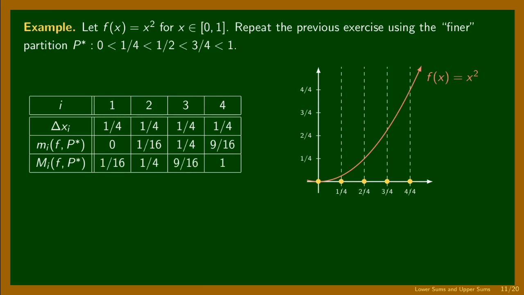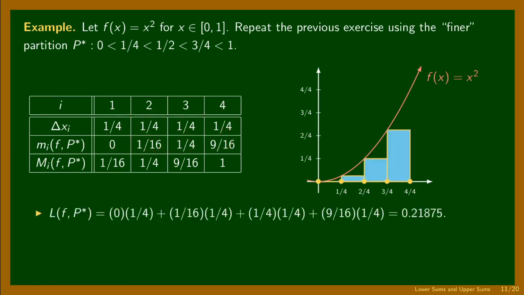Similarly, the big Mi are the values of f at the right endpoints, since the function is increasing and continuous. F of 1/4 is 1/16, f of 1/2 is 1/4, f of 3/4 is 9/16, f of 1 is 1. So, to calculate L, we again multiply little mi with delta xi, and so on. Then we add them all.